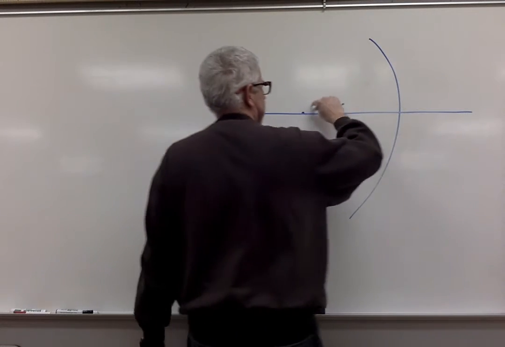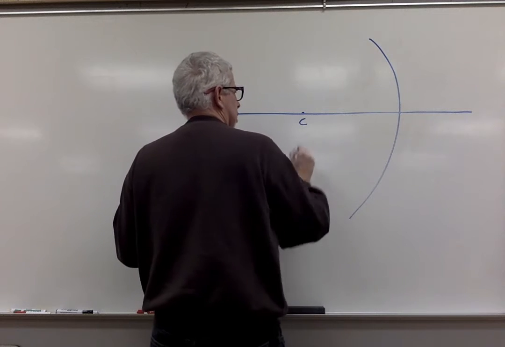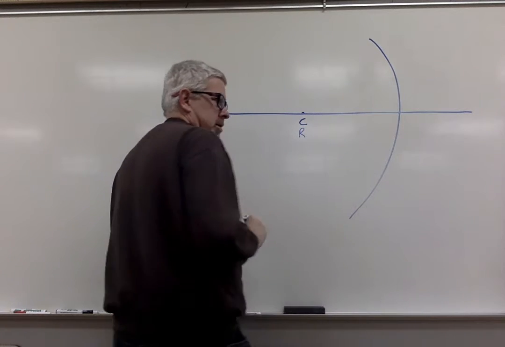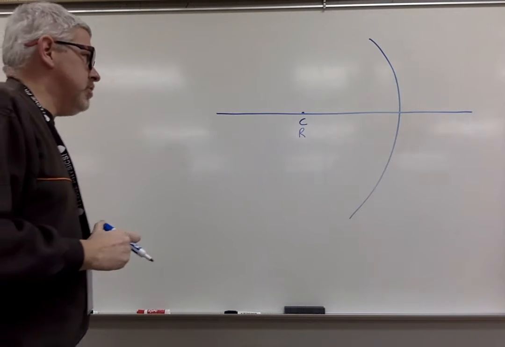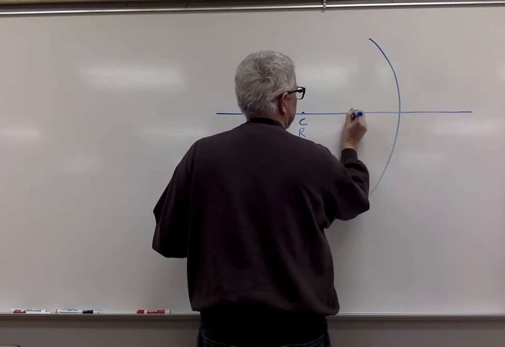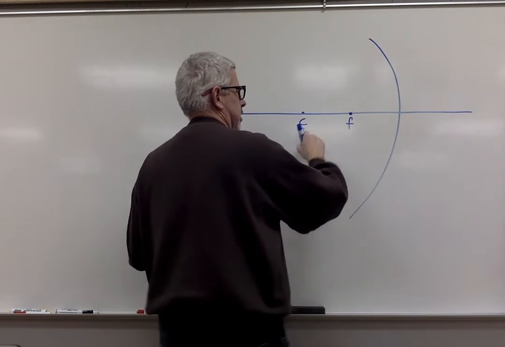And all that is for reference to us to know where something is above or below the optical axis. So if this is the center of curvature, that is sometimes called C, or could be called R because it's the radius. For spherical mirrors, because of how the law of reflection works, our focal point would be here, halfway between the surface and this.